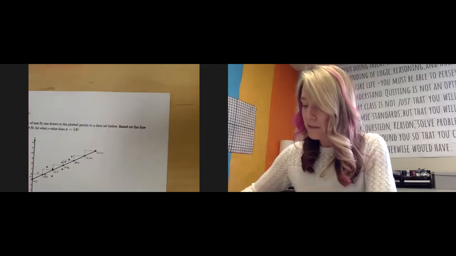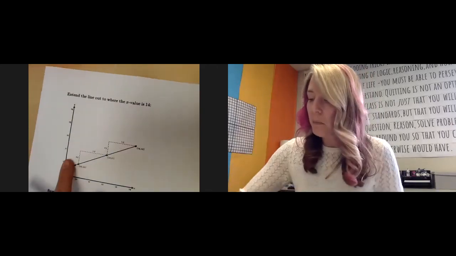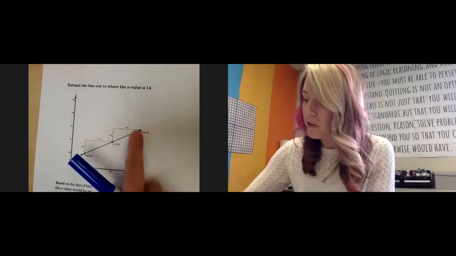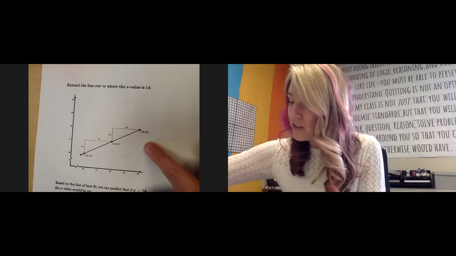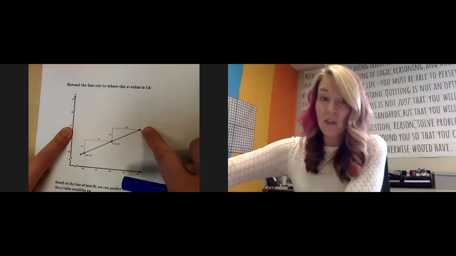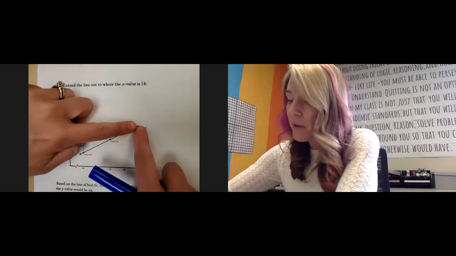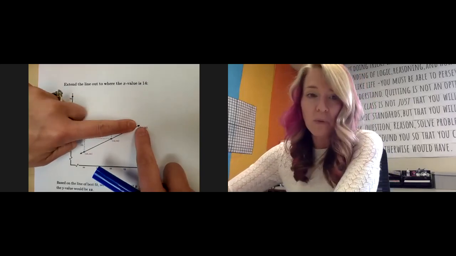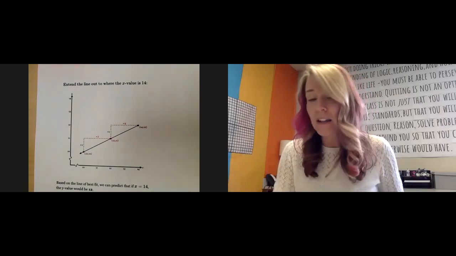If we made it a little bit bigger, easier to see, when x is 14, we went over 10, 11, 12, 13, 14. It took us all the way up to 12, so my prediction was right. Where those two pieces of information meet, that point is representing that situation. So when x is 14, y is 12.